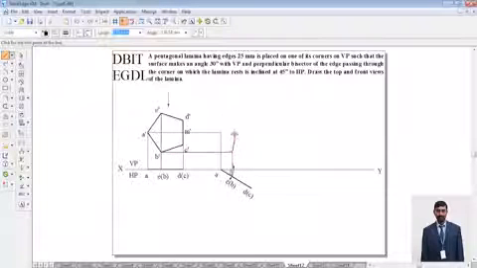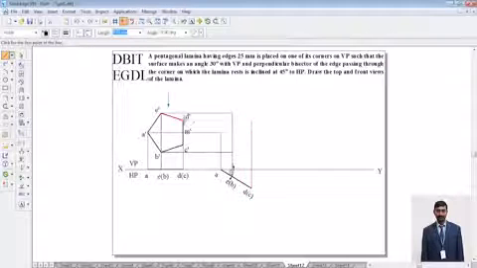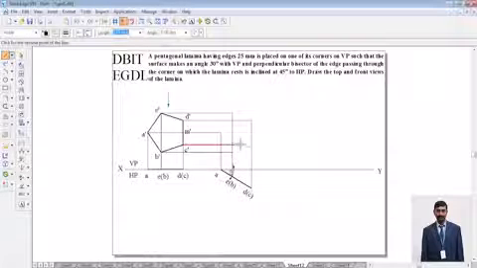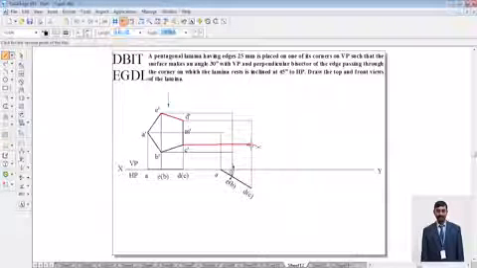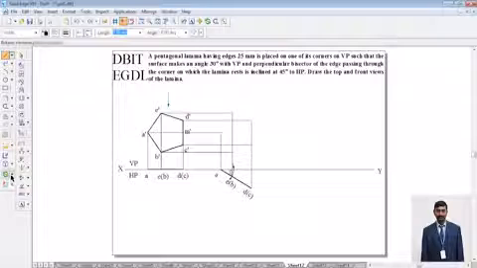This is B, this is E. Next, projection lines D and C. This is the projection line of C. So now you can name this.